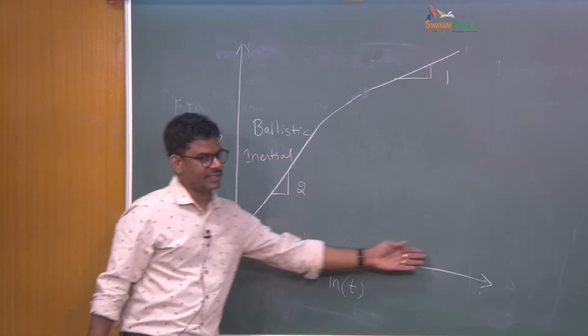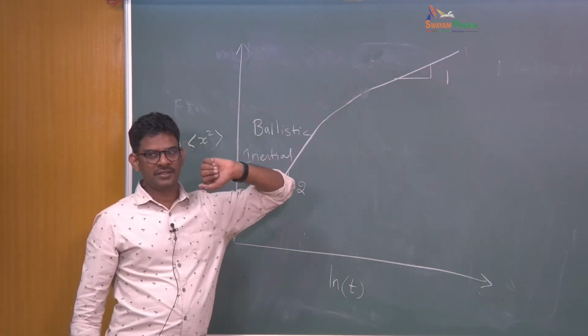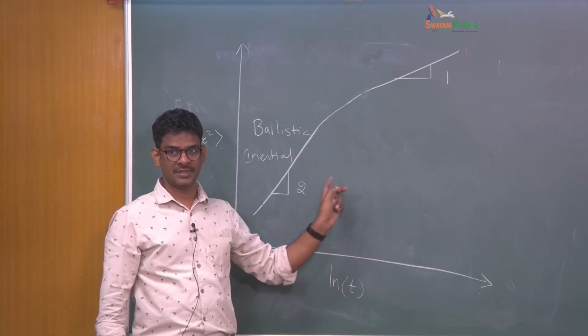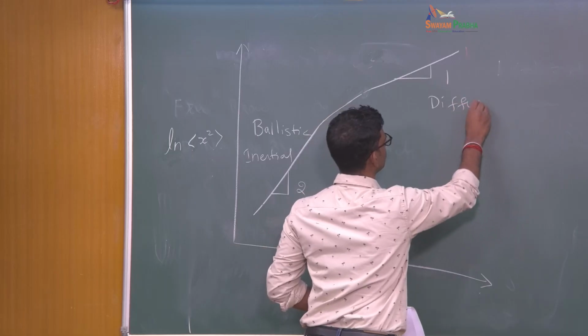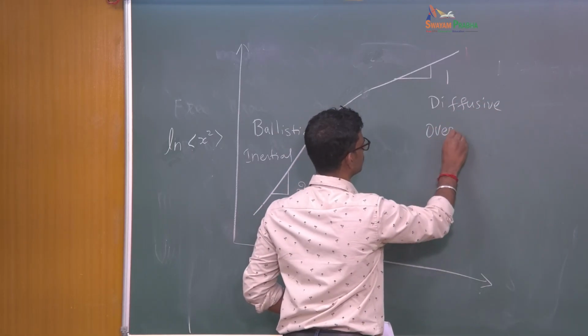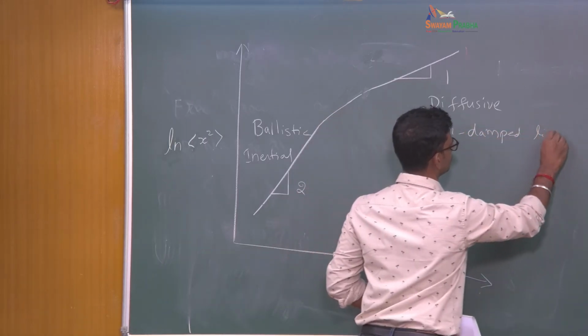But at long times, the mean square displacement is proportional to t, not t squared, and this we call the diffusive or over damped limit.